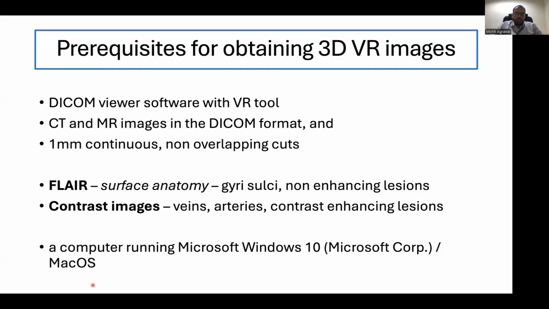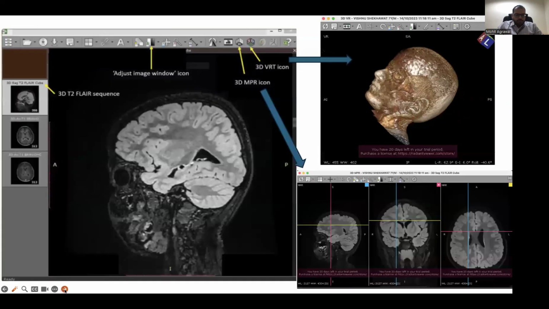And all you need is a computer running Microsoft Windows 10. That's it. This is the typical workstation wherein the images are displayed over here, and there are various tools which you can play around with. There's a 3D VRT icon over here and a 3D MPR icon over here, which I have pointed out.